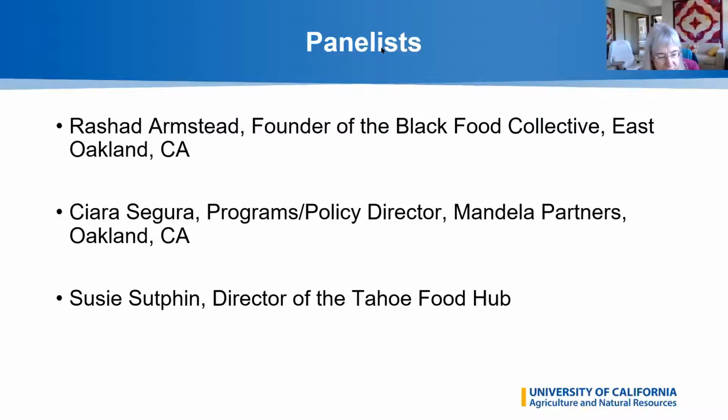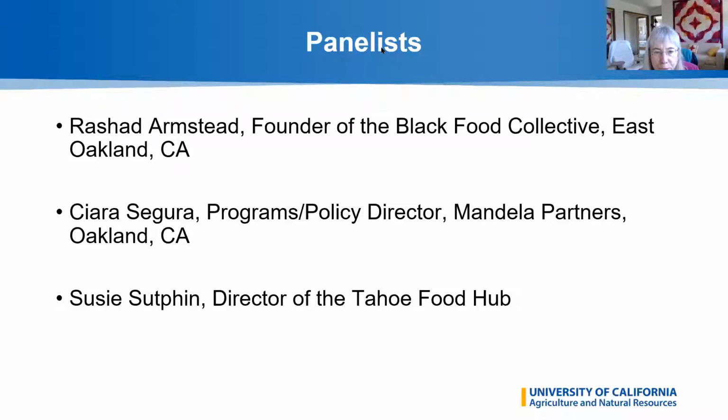And in that same year, he founded the Black Food Collective, which unites and supports Black-owned food-related businesses. His goal is to secure financial investments for promising ventures so they're better able to realize ongoing success and focus on community. So we'll be hearing from him first.